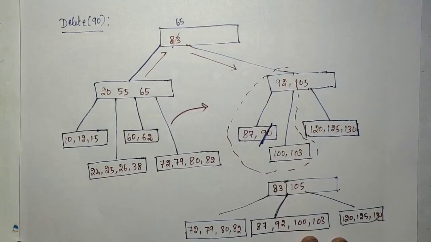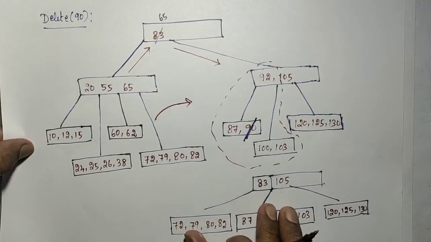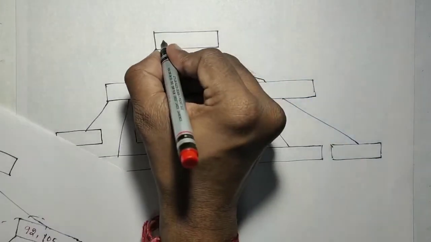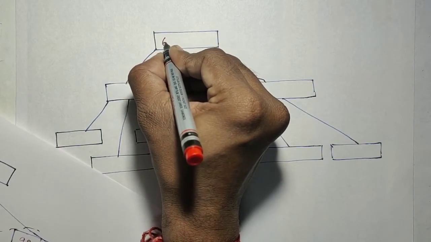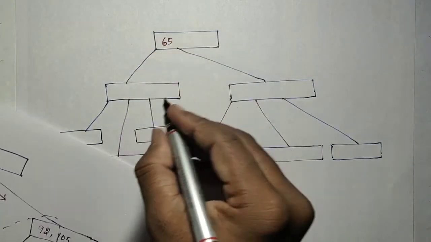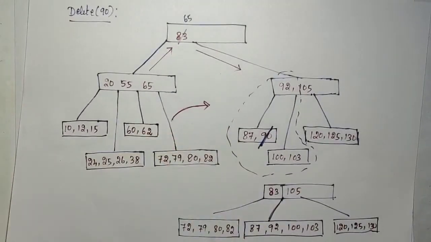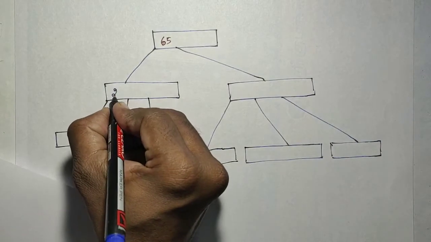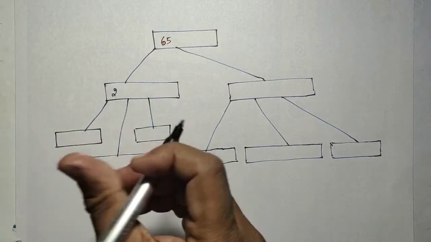So the modified structure is: 65 at the top, and then 20 and 55 alone.